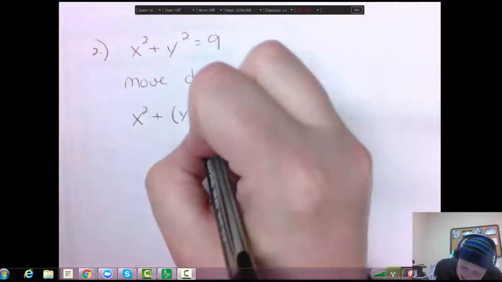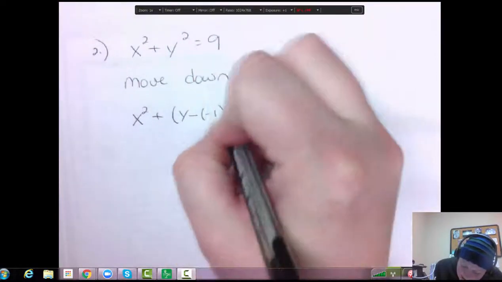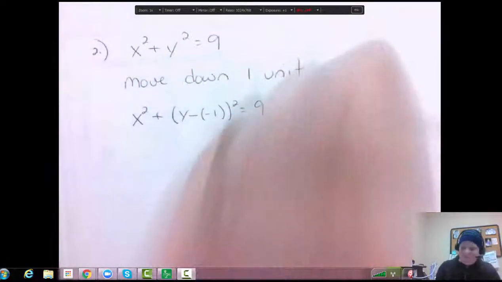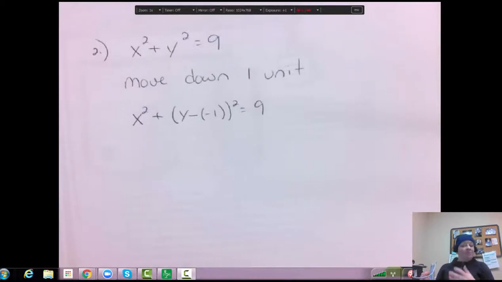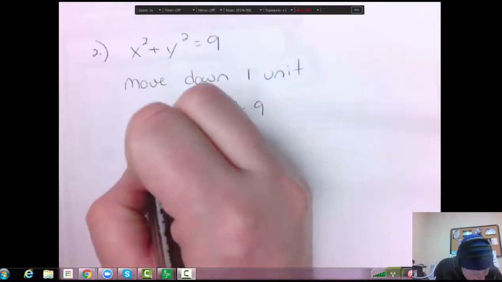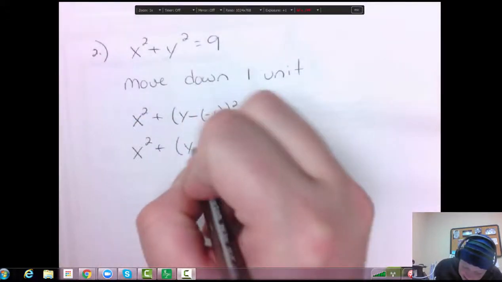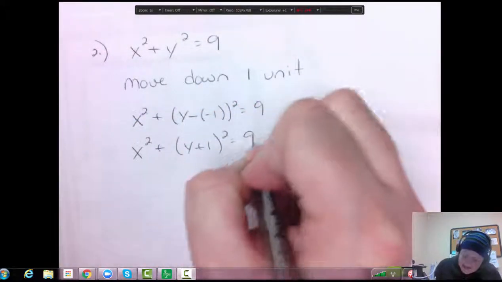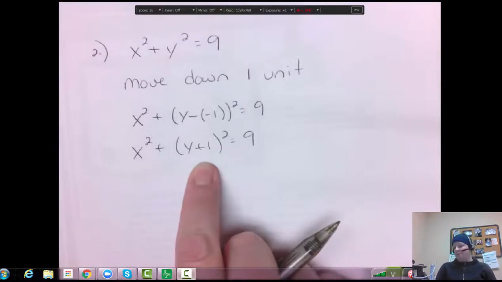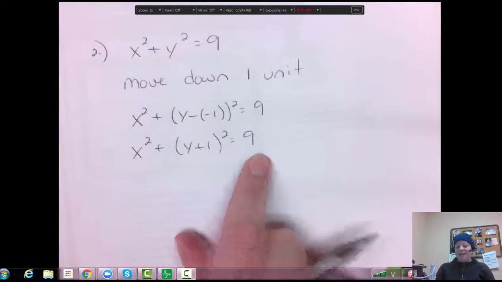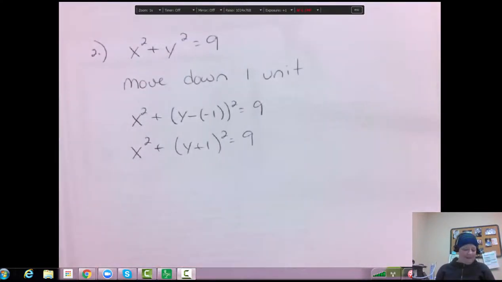It's going to be a -1 in there, squared equals 9. So it's going to end up being plus to move us down. So it's kind of the opposite sign. So the final formula would be y plus 1 squared equals 9. This would be 1 unit down, same radius, and the x is still the same. We didn't move anything there.